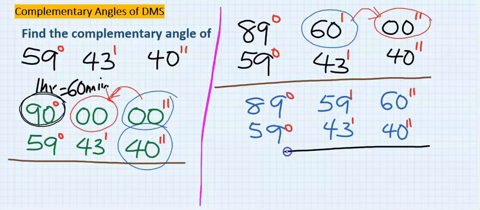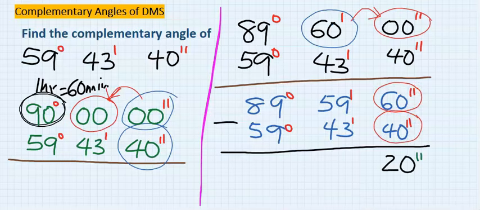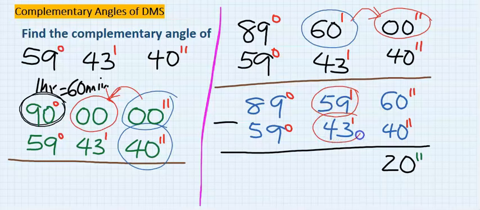Now, let me try to see if I can subtract. 60 seconds subtract 40 seconds. You have 20 seconds. Next, 59 minutes minus 43 minutes. You have 16 minutes.